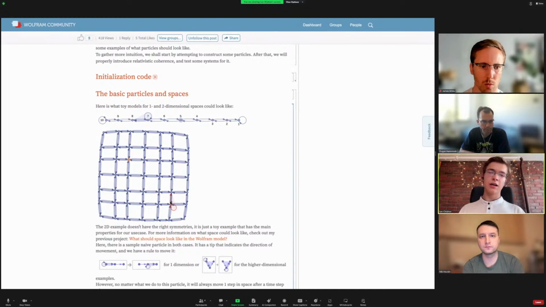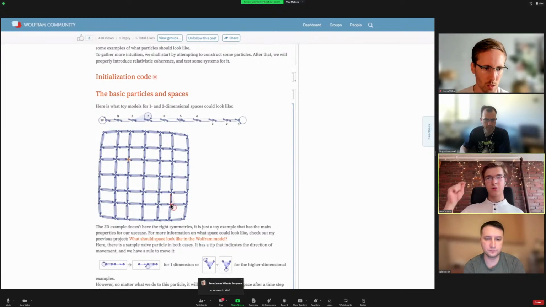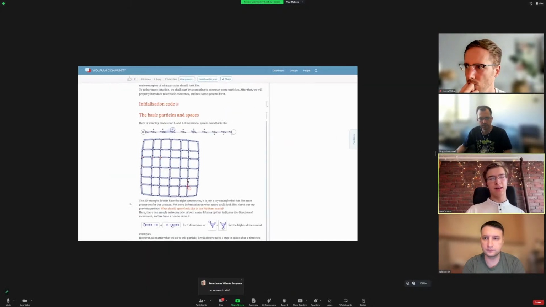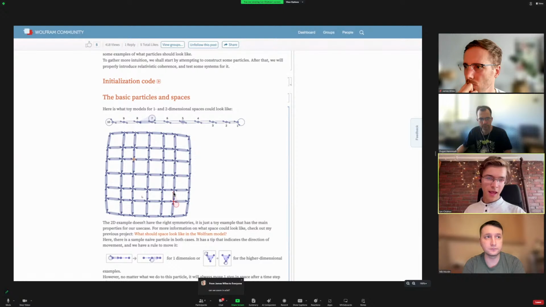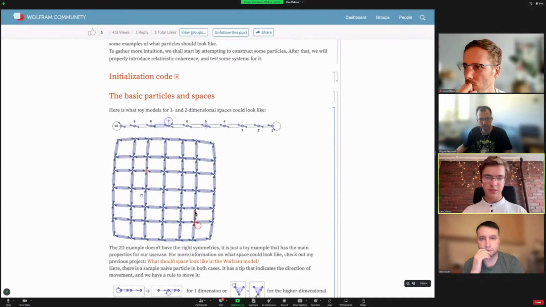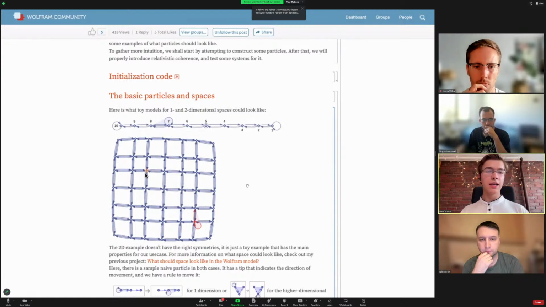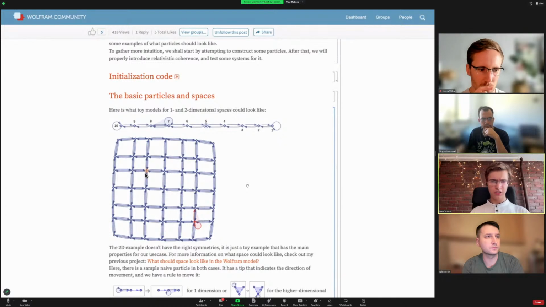The particle is constructed so that it has a main point at which it is located, and then a little tip that indicates the direction of movement for the particle. As we will see, this particle is actually a photon.